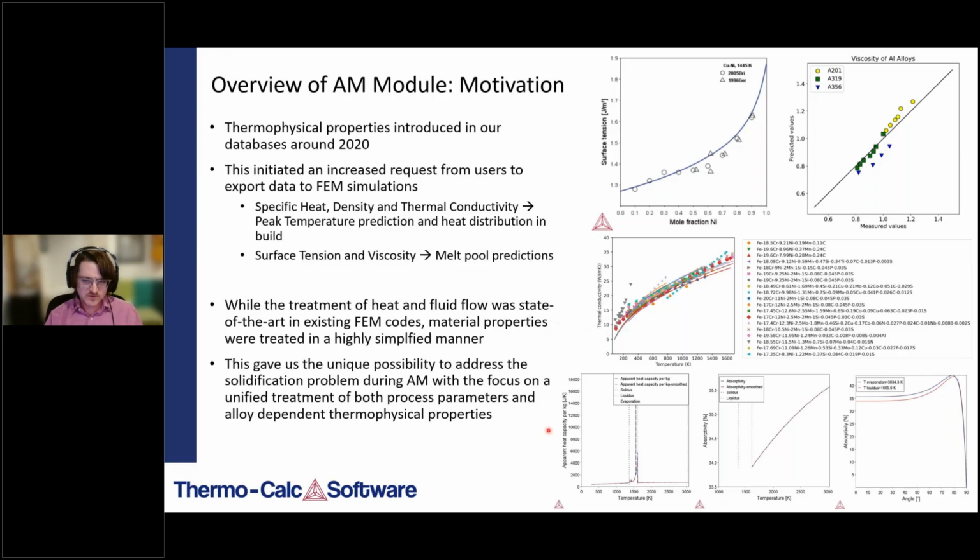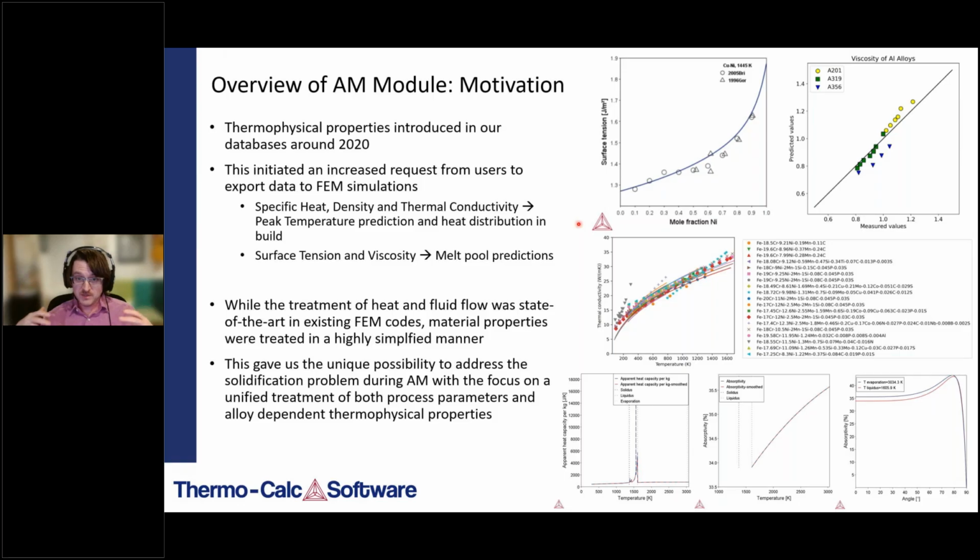Traditionally, CALPHAD has always been able to do things like heat capacity and latent heat, because that's directly from the Gibbs energy. And we started to get more and more requests from users: hey, if you can predict all these properties, why can't we just export them into finite element codes? And yes, sure, you can. The problem was a lot of finite element codes couldn't handle the complex nature of the specific heats and the thermal conductivities varying.